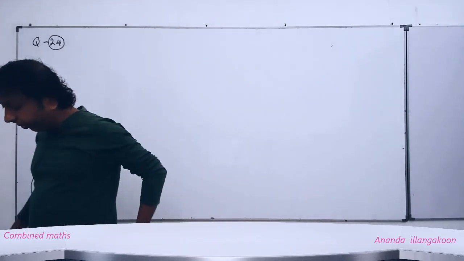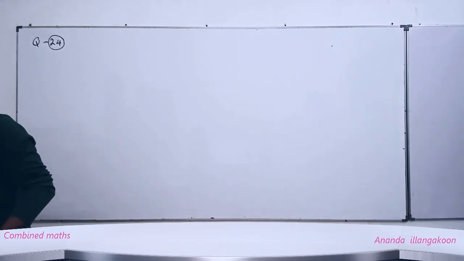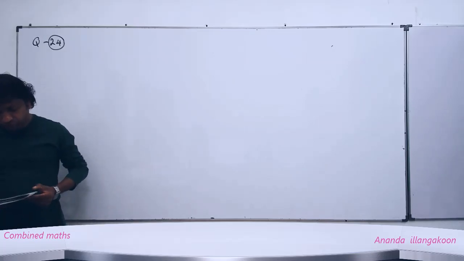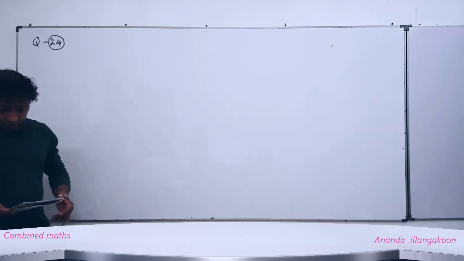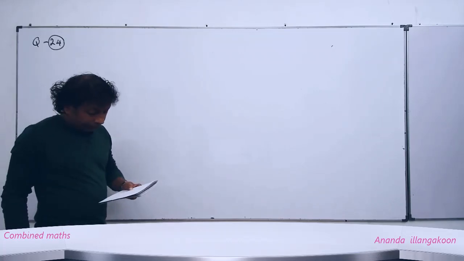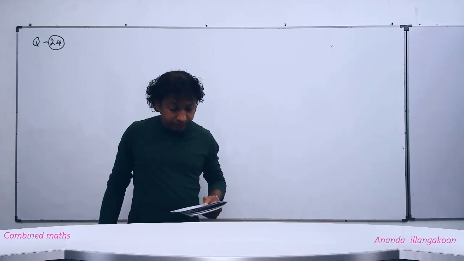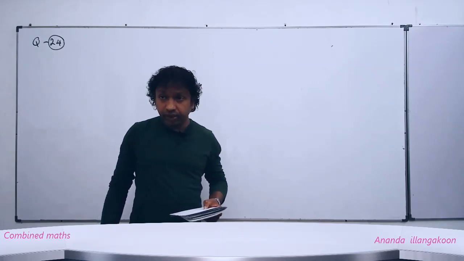Question number 24, people, says, in each of the following cases, sketch in an Argand diagram the locus of the points represented by the complex numbers z satisfying the given conditions.